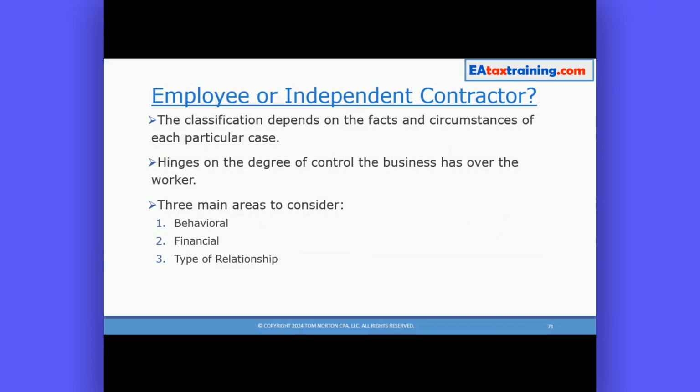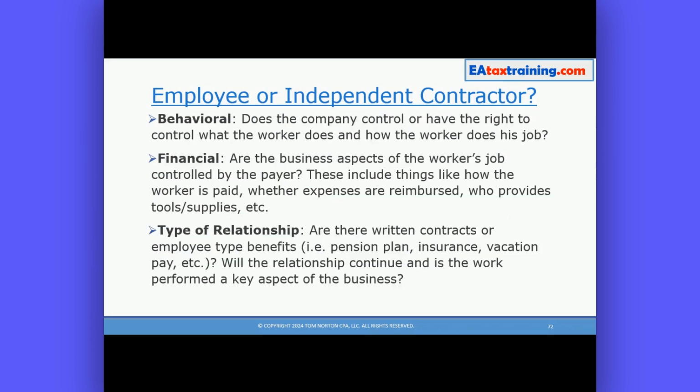And it all hinges on the degree of control the business has over the worker. So there are three main areas to consider when we're talking about the degree of control: behavioral, financial, and the type of relationship. From a behavioral standpoint, the question is, does the company control or have the right to control what the worker does and how the worker does his or her job?